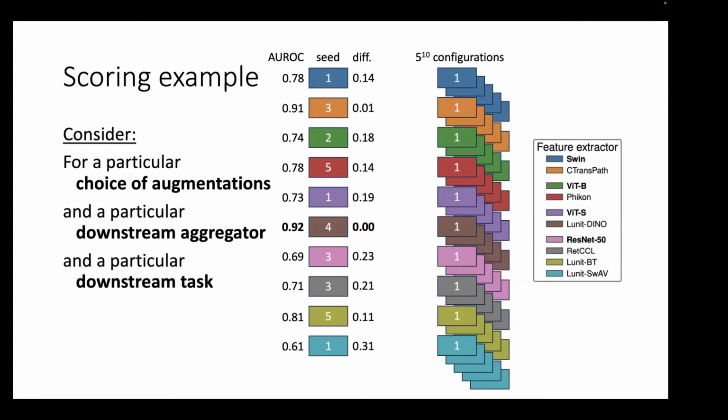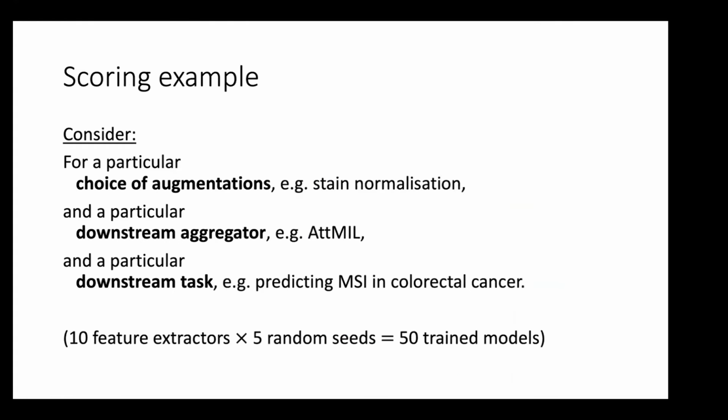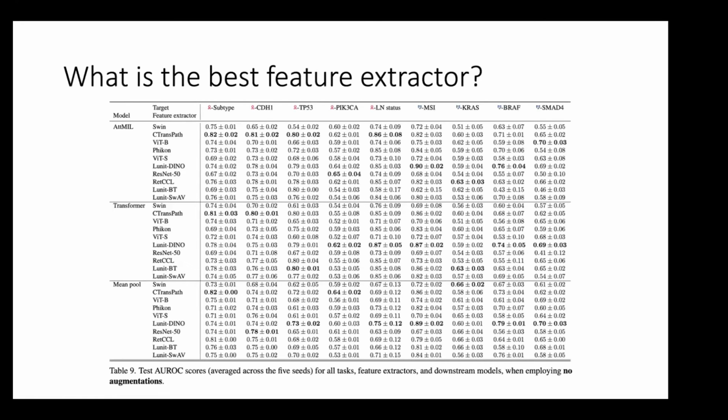So I take it when you go to your ROC table, you've got the numbers there. If you could go back to that table, please, that you were just showing. Yeah, I think it's still taking some time. Yes, this one. So these are the results. For example, when you use attention MIL with CTransPath features on the subtype prediction problem, you get an AUROC of 0.82.